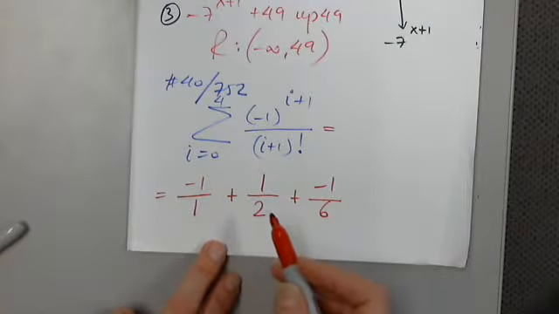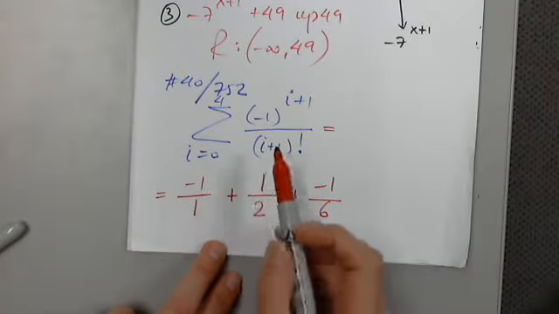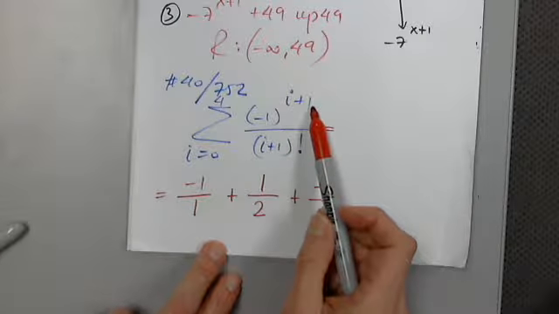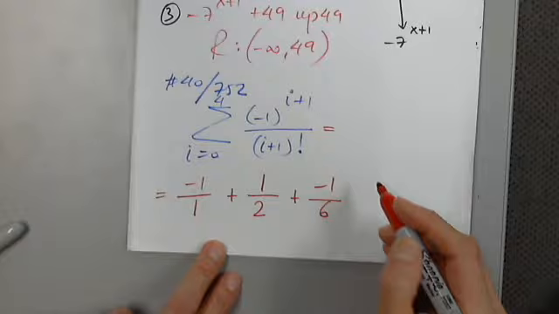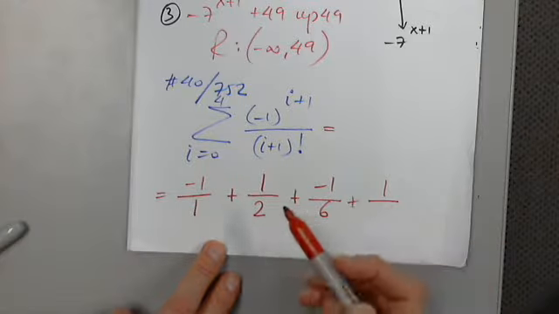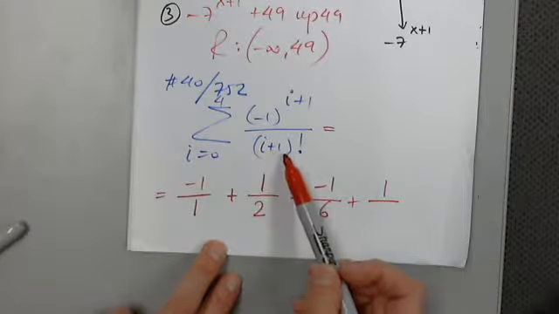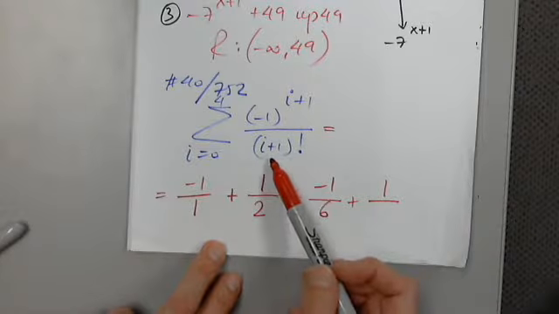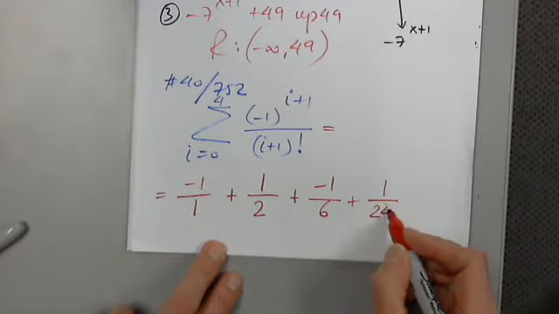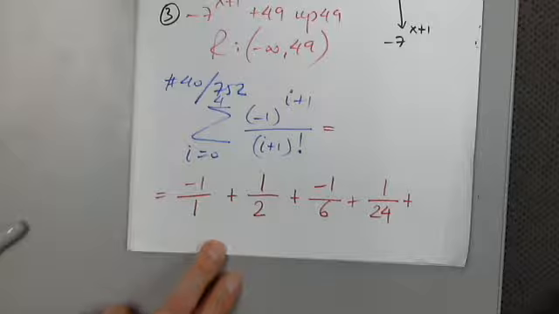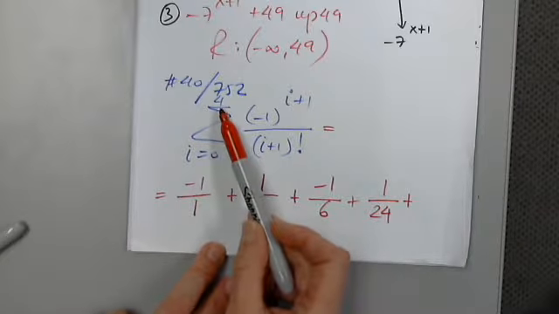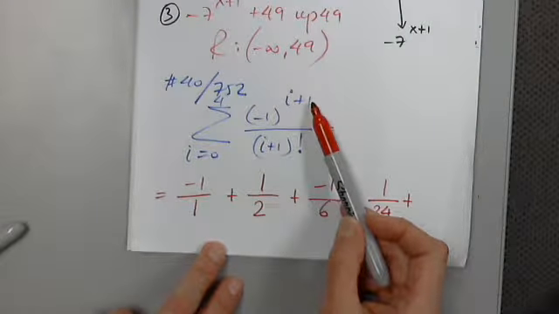So this was 0, 1, 2. Now 3. When i is 3, 3 plus 1 is 4. Negative 1 to the fourth is 1. 3 plus 1 is 4. 4 factorial is 24. Last one. When i is 4, 4 plus 1 is 5.